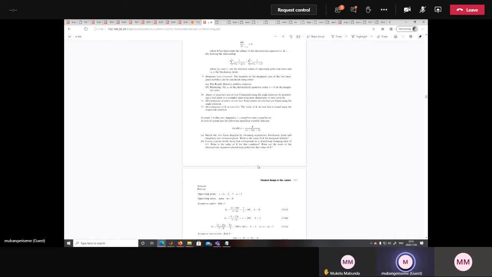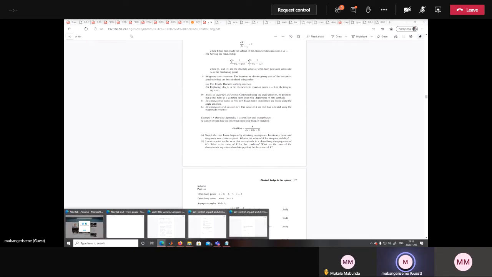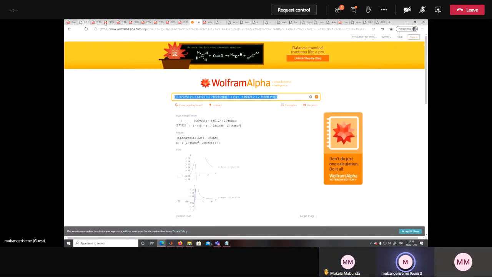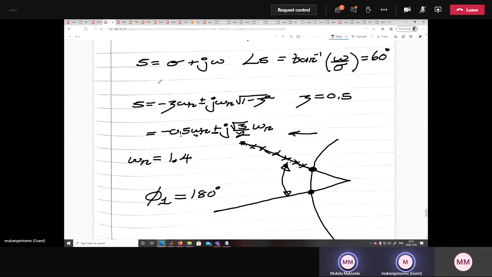So 1 over j omega minus omega squared plus 10 plus 7 j omega is equal to, here's what I'm thinking you would say. If this doesn't work, I hope it does. This is the only kind of rationale that I can come up with. Plus j root 3 over 2 omega.